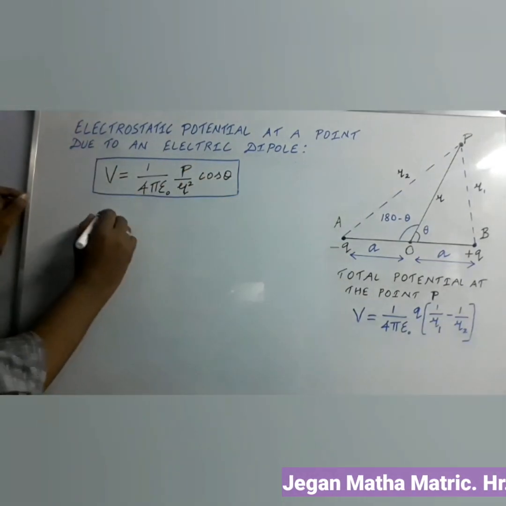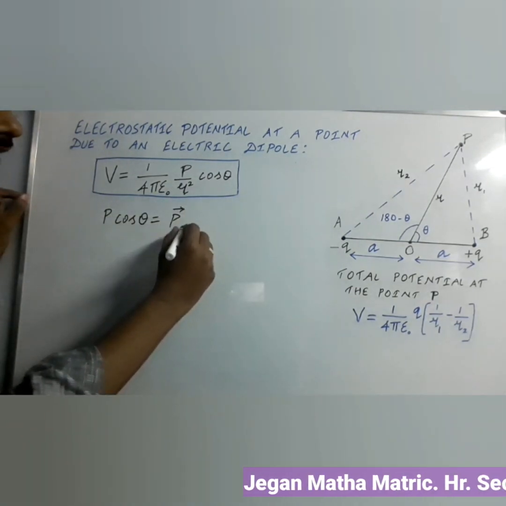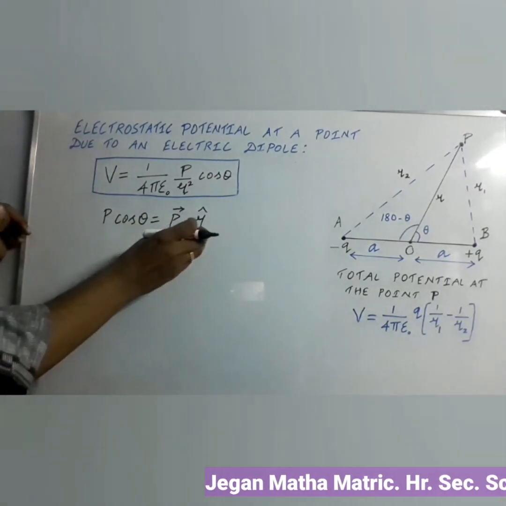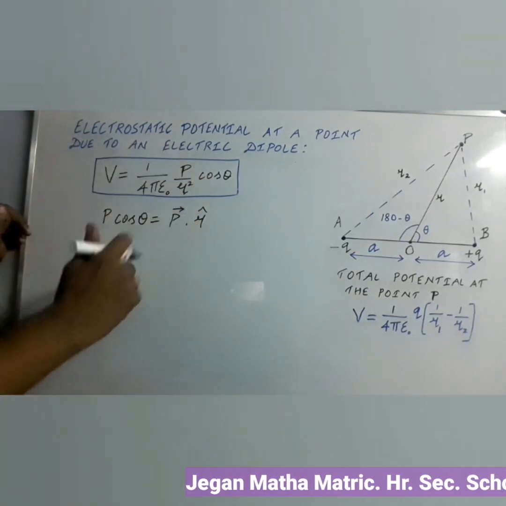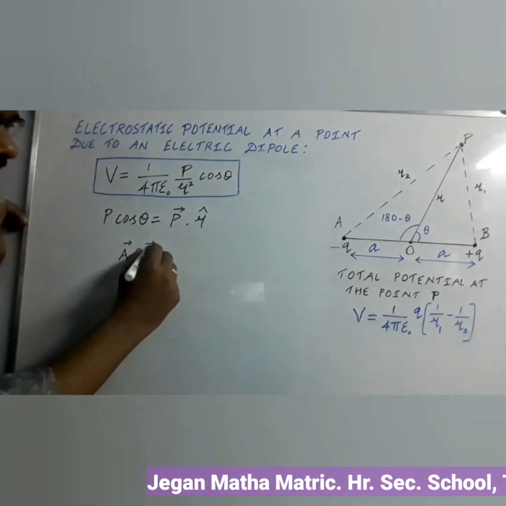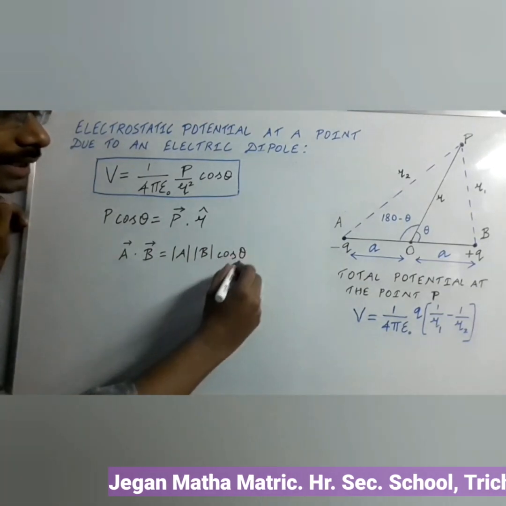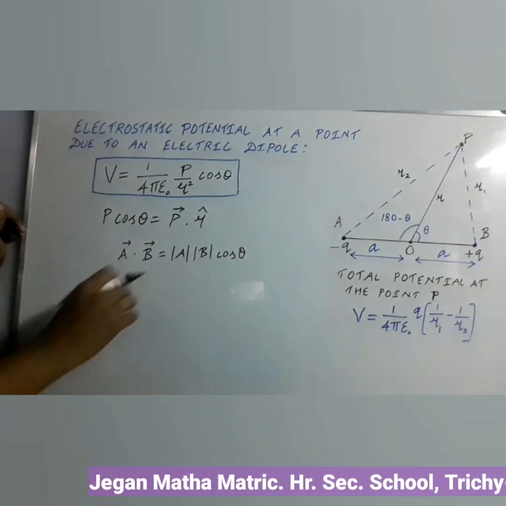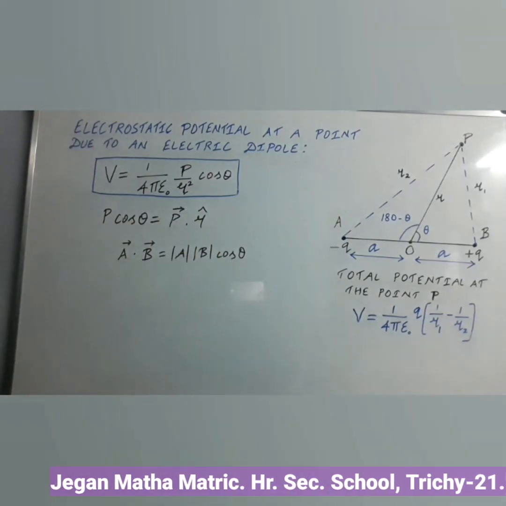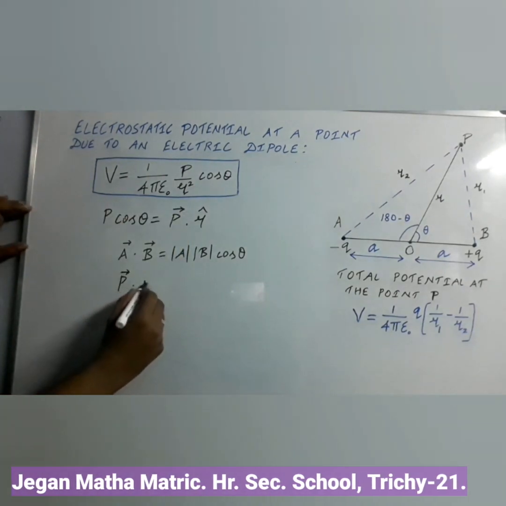In this expression, P cos theta can also be written as P vector dot r cap. We know that r cap is nothing but a unit vector. To understand this expression, let us recall the scalar product which we have learned already in 11th standard. A vector dot B vector is equal to modulus of A, modulus of B into cos theta, where theta is the angle between the A vector and the B vector. Like this, it can be applied here. Here I have written P vector dot r cap, and r cap is also a vector.